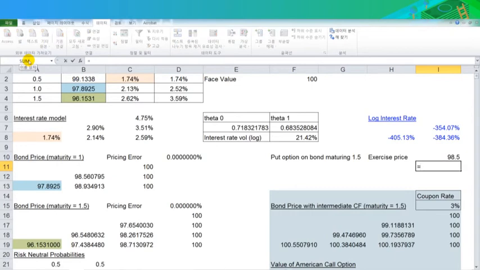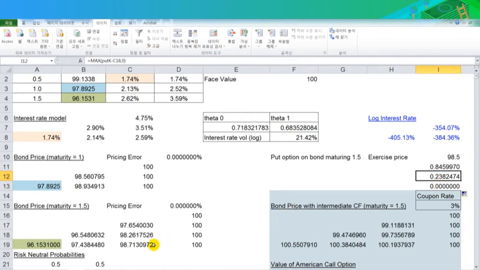So let's write down the payoff for the put option. Max of K minus the bond price, and 0. So when the bond price is 97.65, the payoff is around 0.4, and we can put this down. Then when the bond price is 98.26, our put option payoff is 0.23.